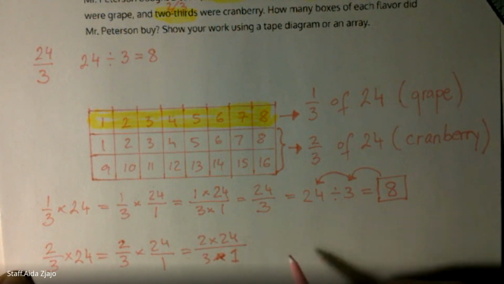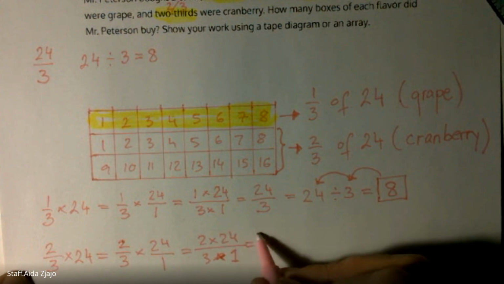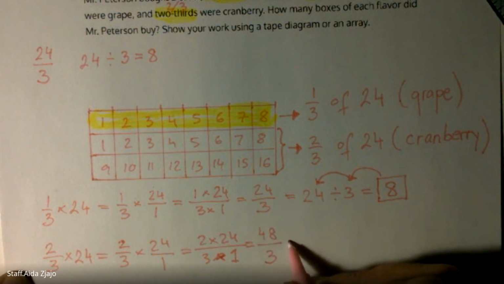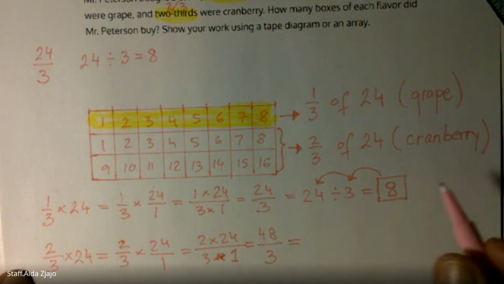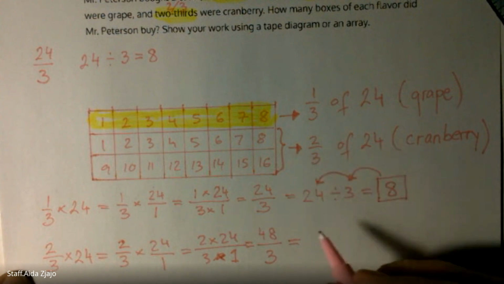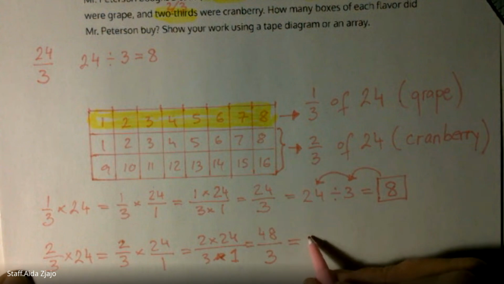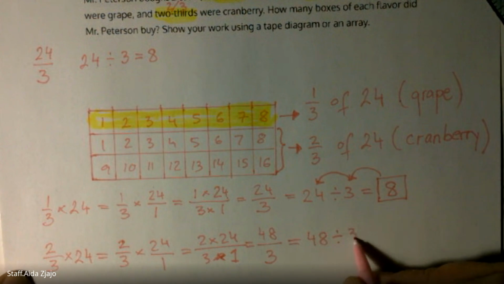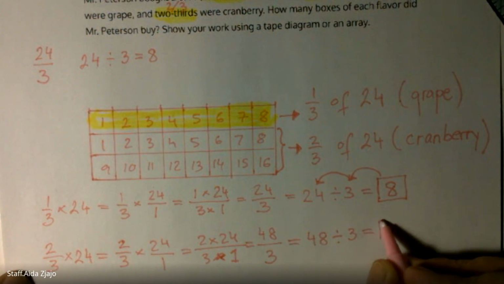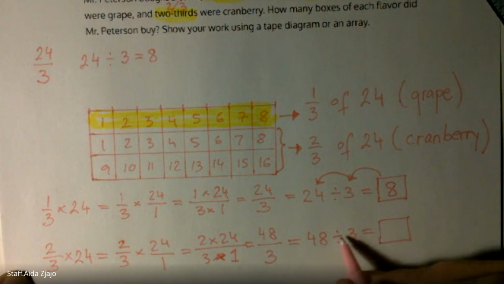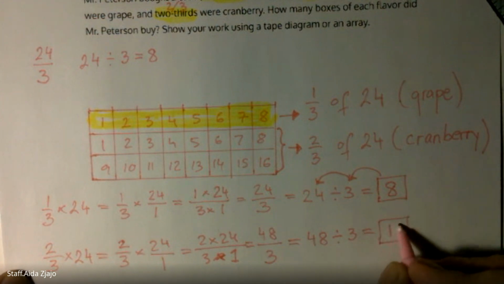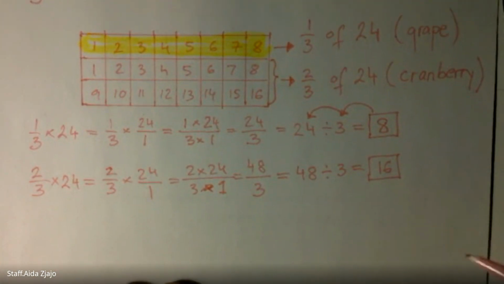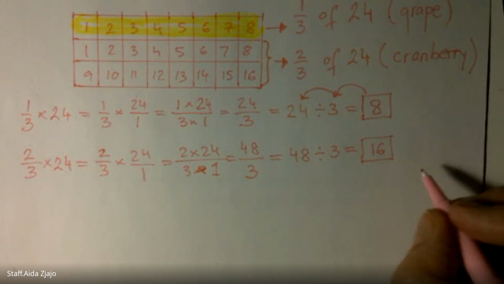That is 48 divided by 3, and that is 16. So 48 divided by 3 equals what number times 3 equals 48? It's 16.